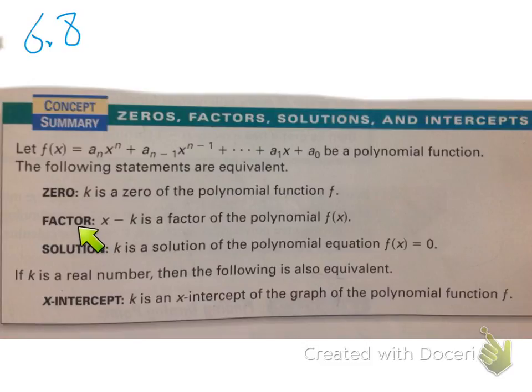So therefore, if k up here on top is a 0 of the function, k is a solution, but then I can write it as x minus k as a factor. And we did that just the other day when I said, hey, given these roots, and roots might be another one we want to put on here.